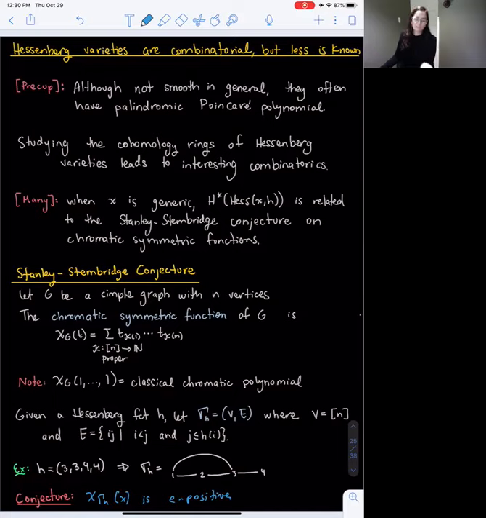And then the follow-up question is why are they positive, and what are they counted by? This is a question in that realm, where the experts are looking at whether expanding the chromatic symmetric function into the elementary symmetric polynomials is positive or not.